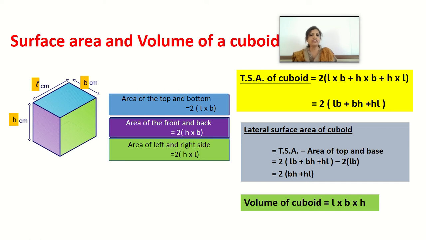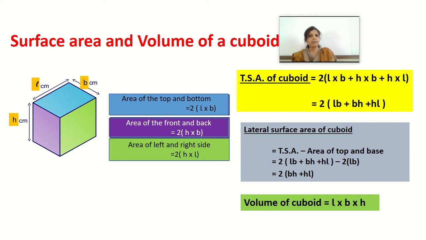The area of the top and bottom of a cuboid is equal to 2 times (L into B). Then the area of the front and the back is equal to 2 times (H into B). Then the area of the left and right sides, which is shown by green color, is equal to 2 times (H into L).